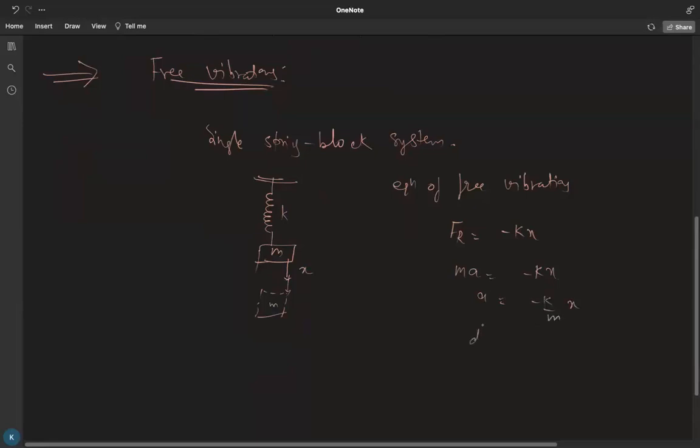We reach the equation d square x by dt square plus k by m into x is equal to 0. From here we get omega naught equal to root under k by m, right?